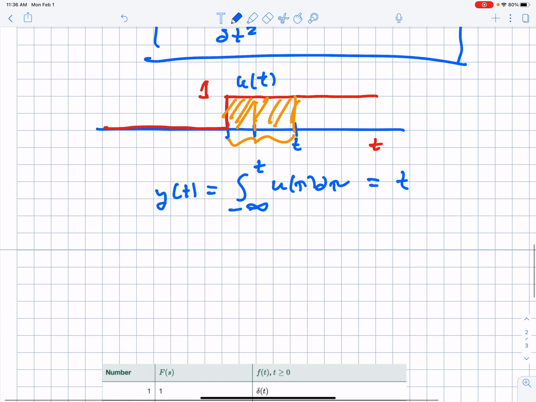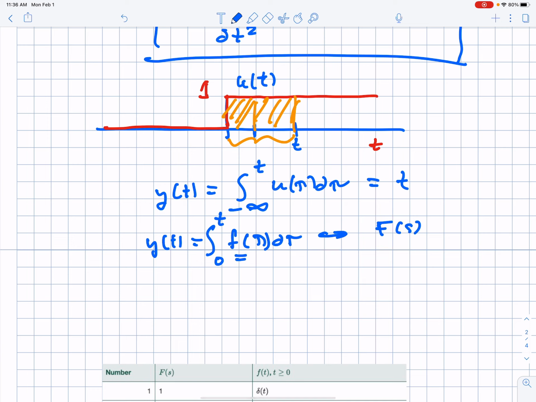All right, so the property says that if you take the integral of a signal, the integral of f of tau d tau from 0 to t, I'm sorry, that should be y of t, when you do this Laplace transform, it would be f of s, because I start with the signal f of t, divided by s.